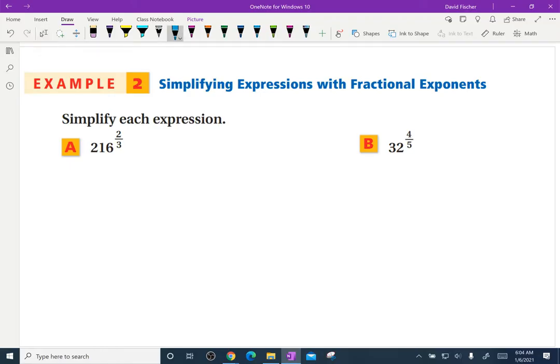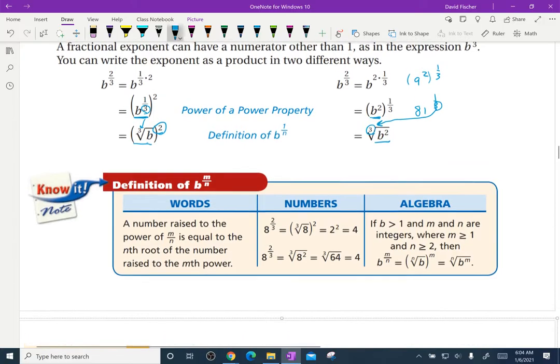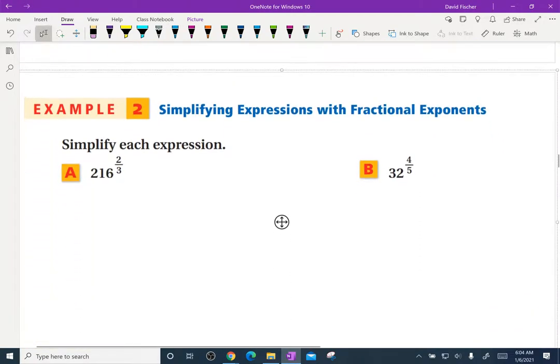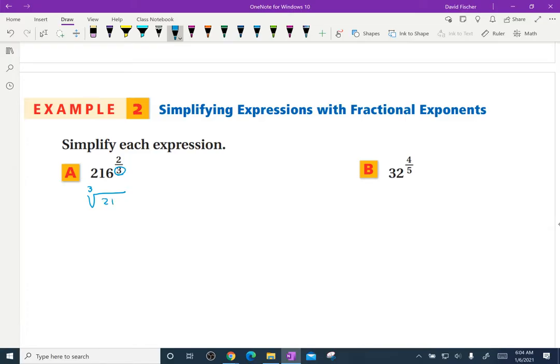So the first way here said let's take that numerator there and make it into an exponent. So what they're saying here is let's take the cube root, put that down here in the root of 216, and then let's square that, whatever that answer is. So let's get that answer.